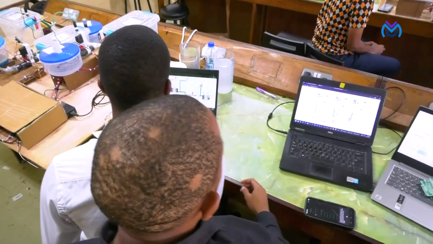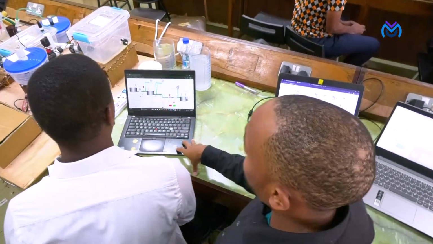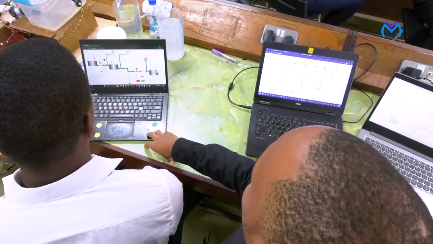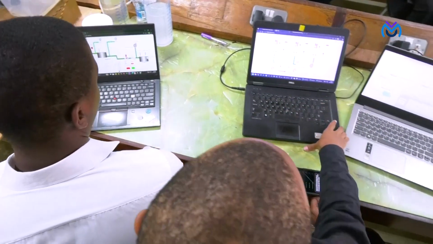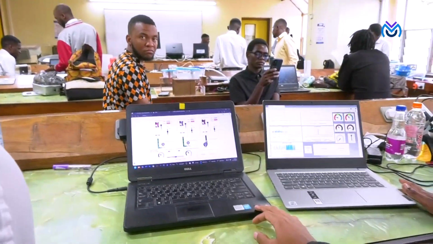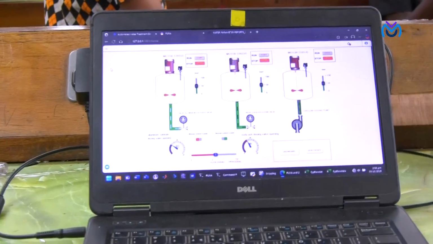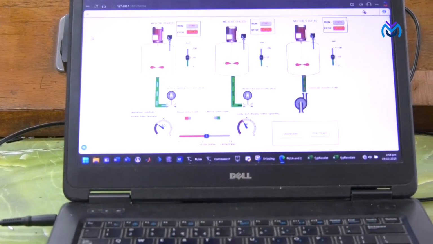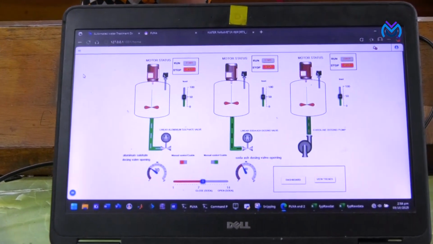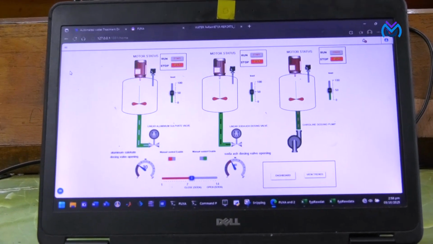Basically, you can control all the valves manually, or they can operate automatically when set in auto mode. On this window, we have the agitation motors interface, where we can control the rotation of the mixing of the chemicals in the chemical tanks.